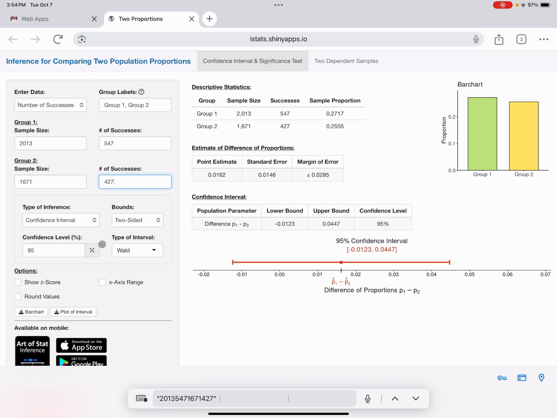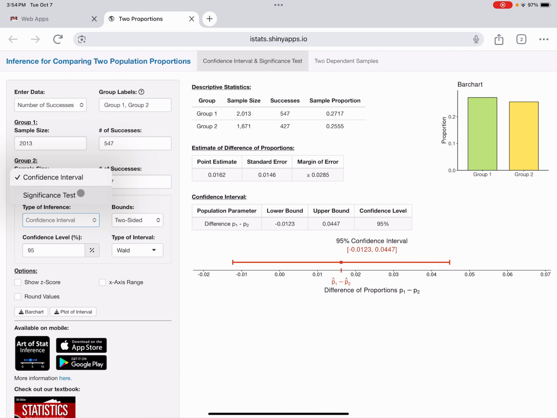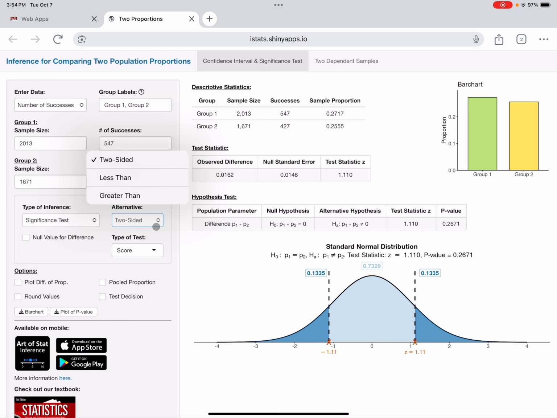Okay. And we want to run a hypothesis test. We want to see if P1 is greater than P2. And we're getting a fairly large p-value, right? 0.1335.